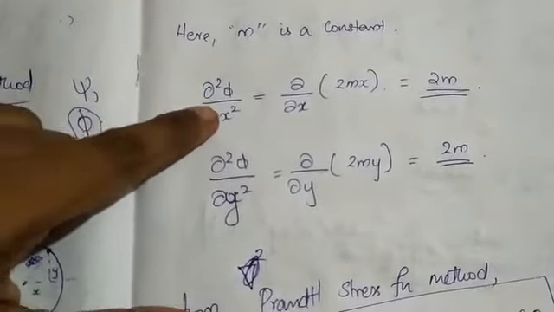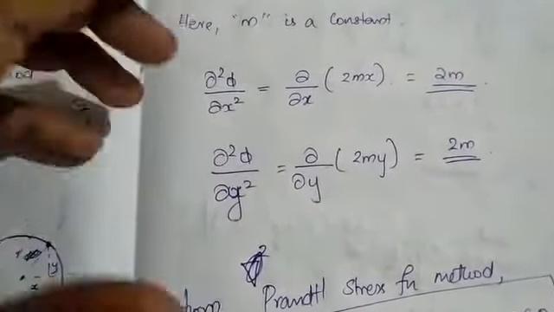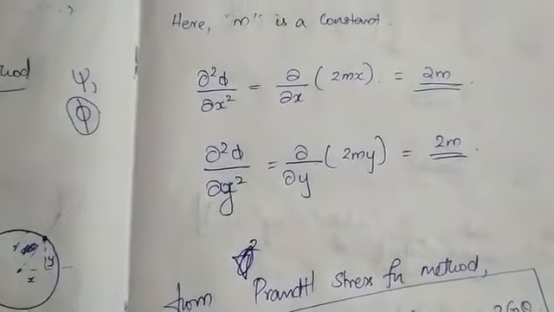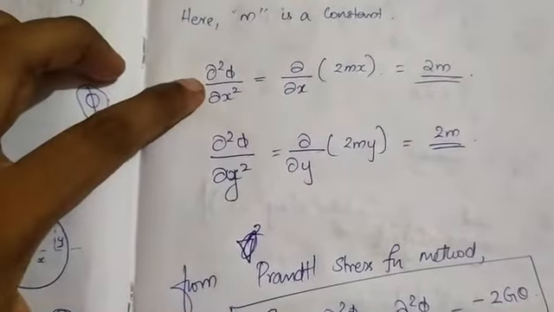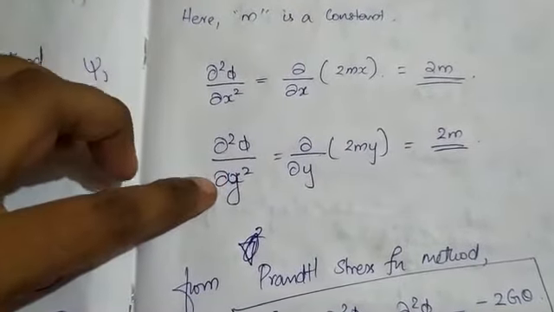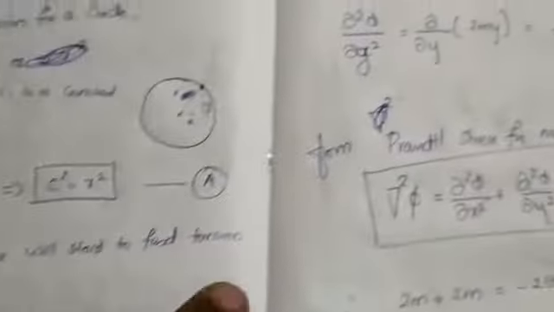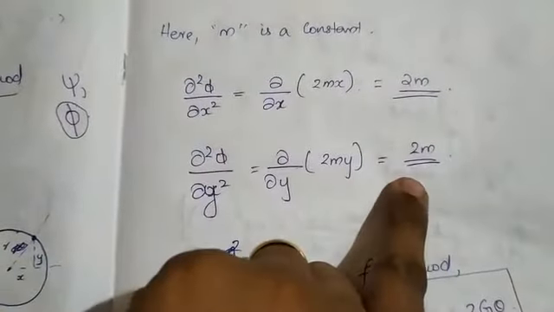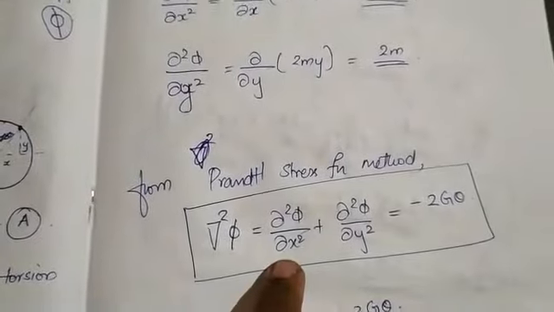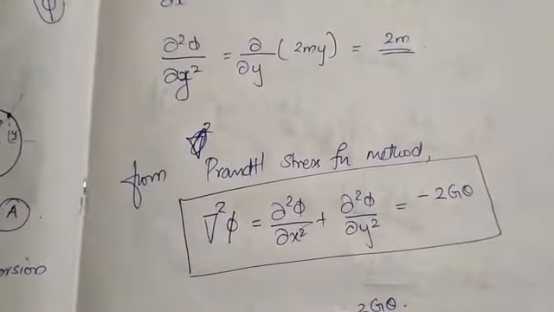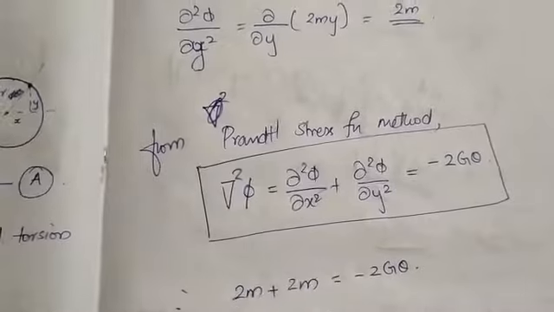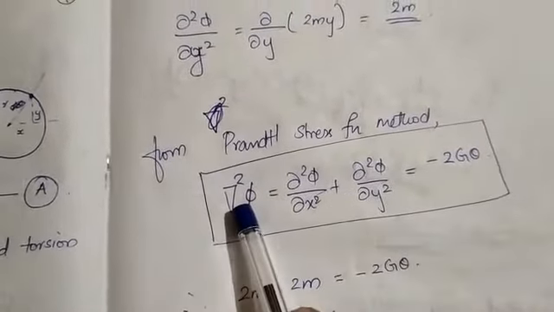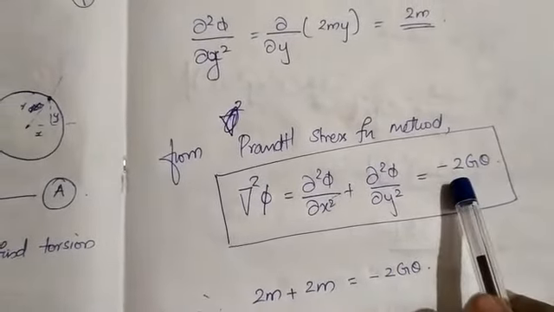Now I am going to differentiate it. I need to get del square phi, so I find dou square phi by dou x square and dou square phi by dou y square. You give the value of phi here, then differentiate with respect to x and y twice, and you will get 2m and 2m. From the Prandtl stress function method, it is clear that del square phi is equal to minus 2 G theta.